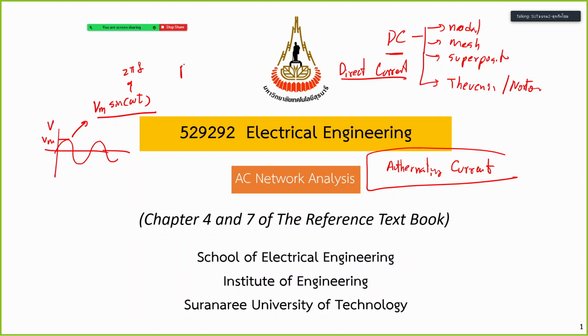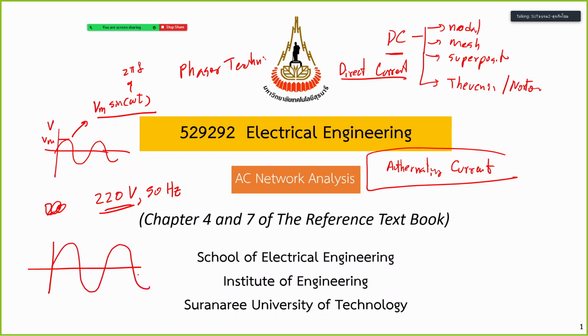We will use the phasor technique. What does 220 volt mean? For example, in Thailand, what is 220 volt, 50 hertz? 220 volt means the wave of the voltage comes with a peak of 220 multiplied by square root 2.